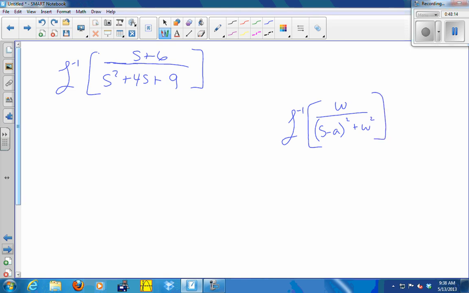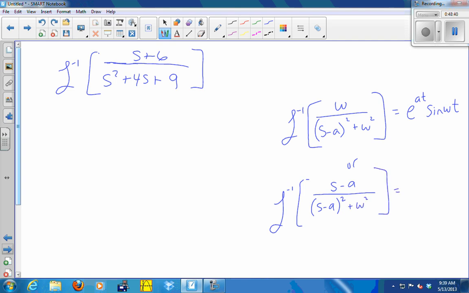If I can make it look like that, it is e to the at sine omega t. Or there's another candidate, close: s minus a over (s minus a) squared plus omega squared. And in that case, it's e to the at cosine omega t. Oh yeah, that one was cosine.